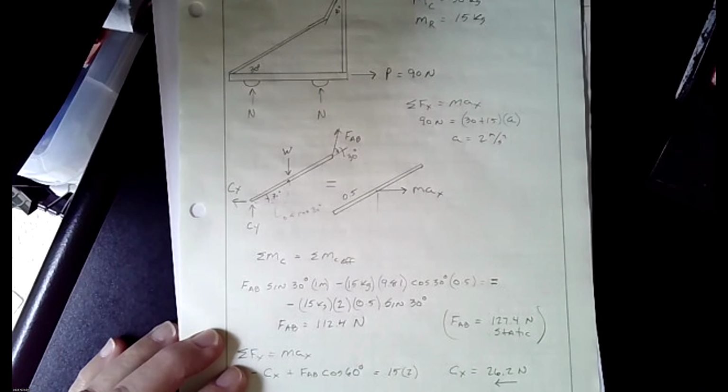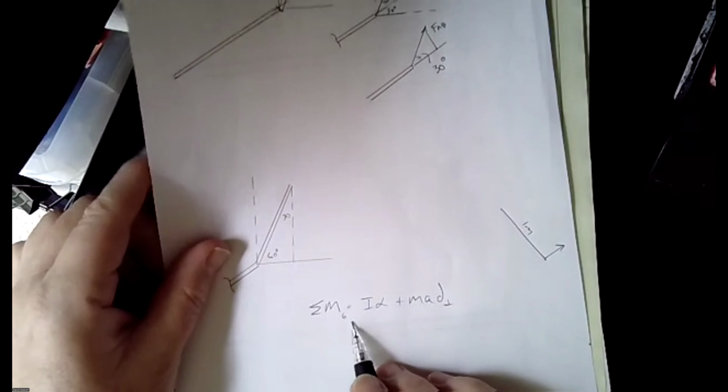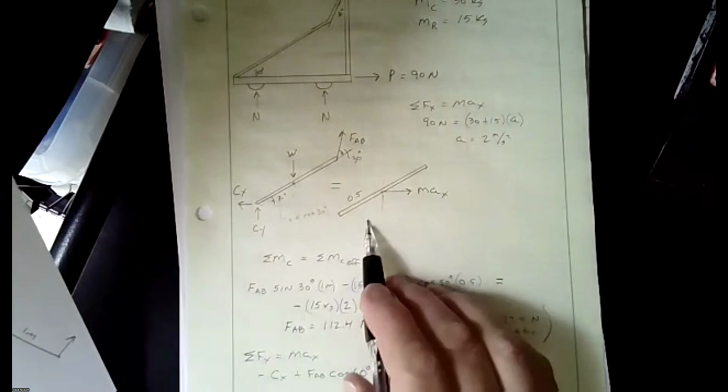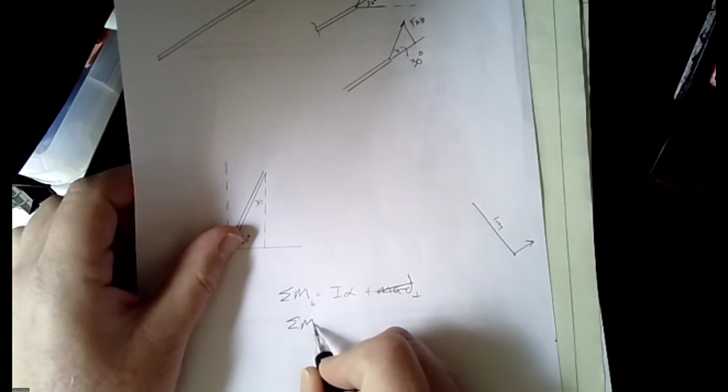So once again, looking back at the original equation, if we take the sum of the moments about the center of gravity, it equals I alpha. But if we take the sum of the moments about C, then it's I alpha plus MAD.